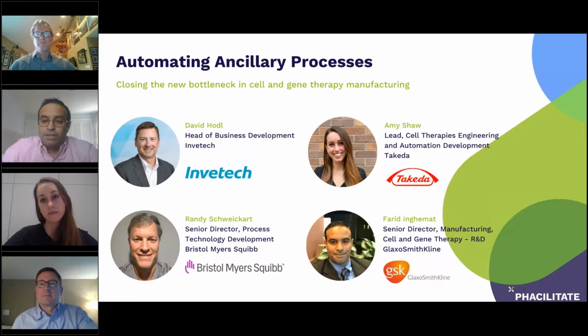I would flip that around and say, think about that process closure, think about that automation, think about the digitalization of the data as early as possible in your process, so that in the autologous space, it's a scale out, not a scale up, so that you're ready to roll out that additional capacity whenever it's available, and not wait until the end.